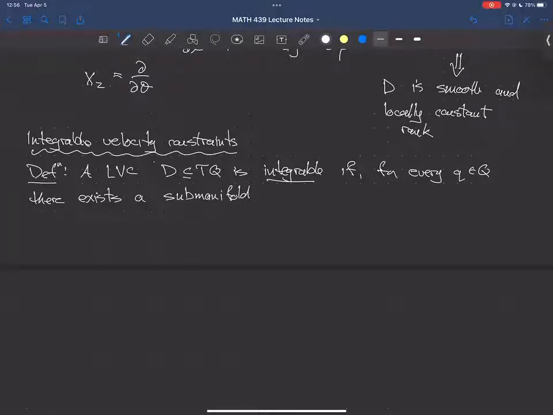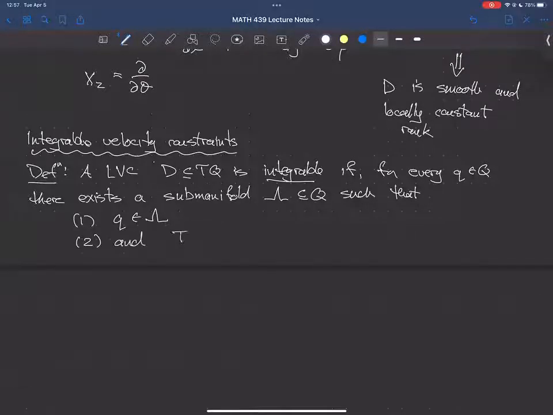So if there's a submanifold, and I'll call it lambda of Q, such that first, Q is in lambda.